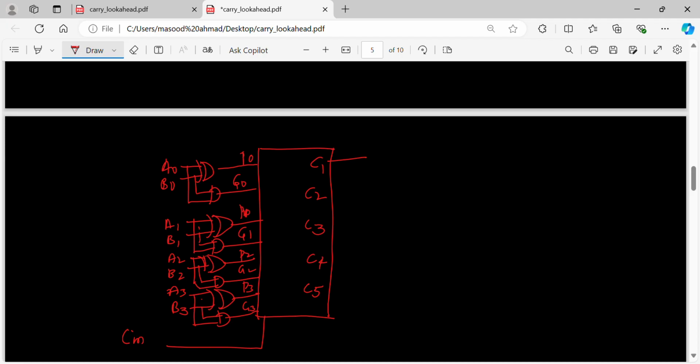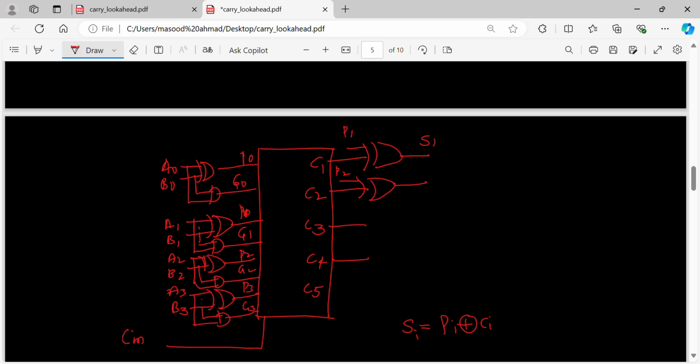So I take these C2, C3, C4 and give them to the exclusive OR gates. By connecting to P1, I'll get S1. We know that sum is nothing but Pi XORed with Ci, so Si is Pi XORed with Ci.